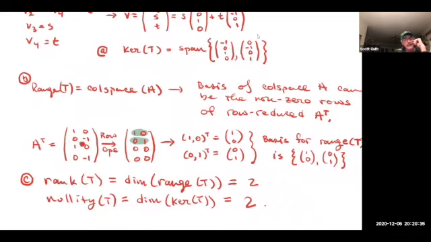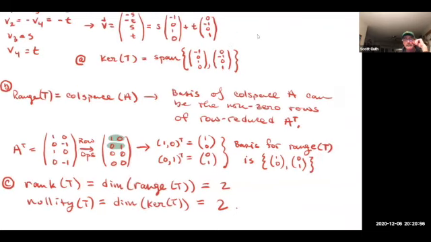By reducing the rows of A transpose, I'm reducing the columns of A. And I end up with 1, 0, 0, 1 that I will transpose here, and those become the basis for the column space of A, which is the range of T.